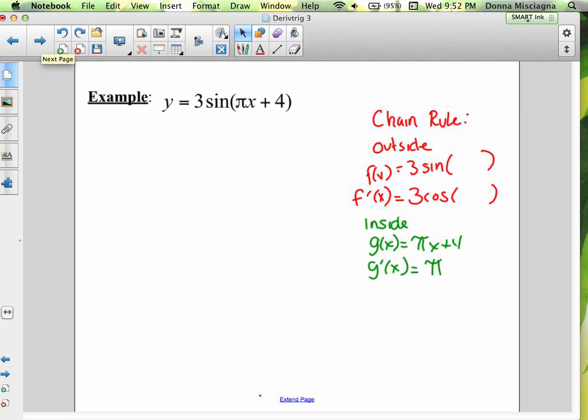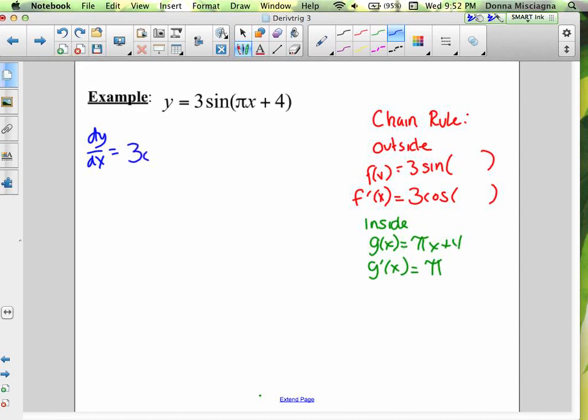So now we want to write our final derivative. dy dx equals the outside, which is 3 cosine blop. And what's the blop? It's pi x plus 4, times the derivative of the blop, which is pi. We need to combine those two coefficients. We shouldn't have one of them over there.